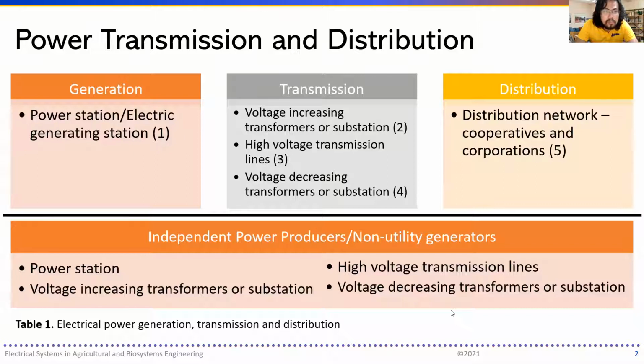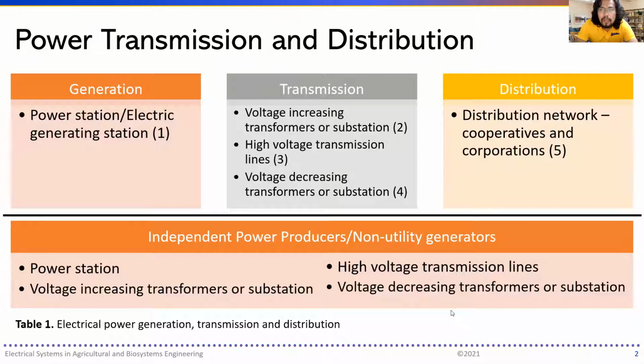So in between generation and transmission, and in between transmission and distribution, what happens is after generation, the voltage is stepped up so that the electricity can be carried by transmission lines over very long distances with the least voltage drop possible.